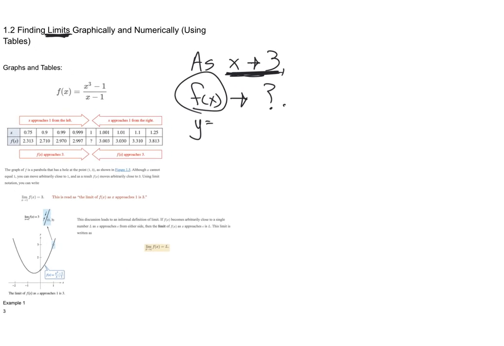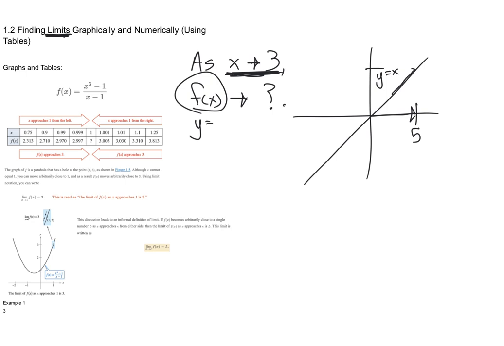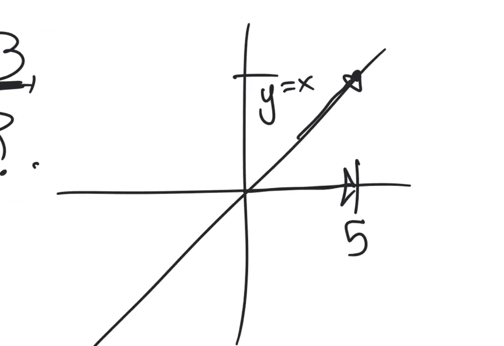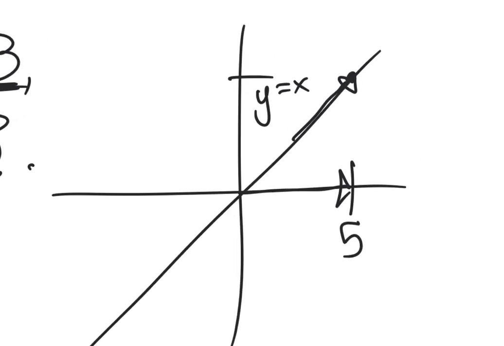So if we were to take a simple graph and say this is y equals x, so as x approaches 5, what does f of x approach, or y equal? Well, I know in this, when x is 4.9, y is 4.9.